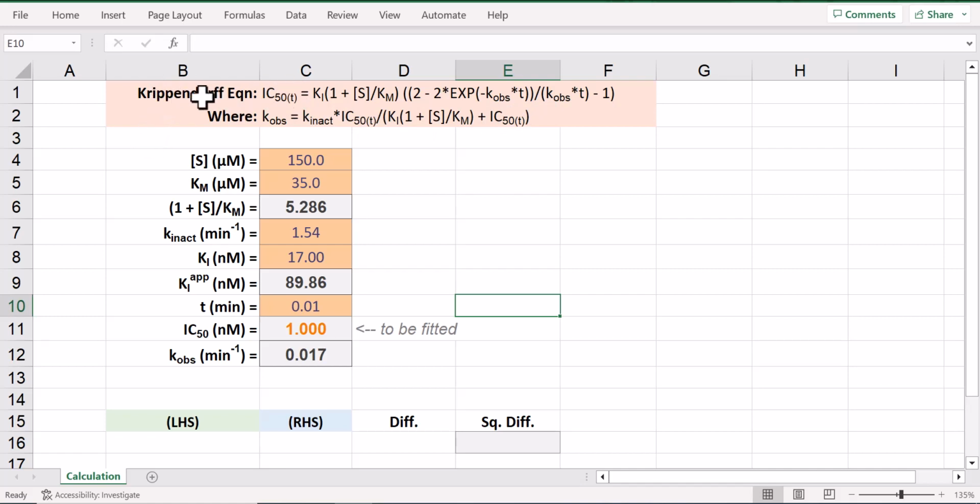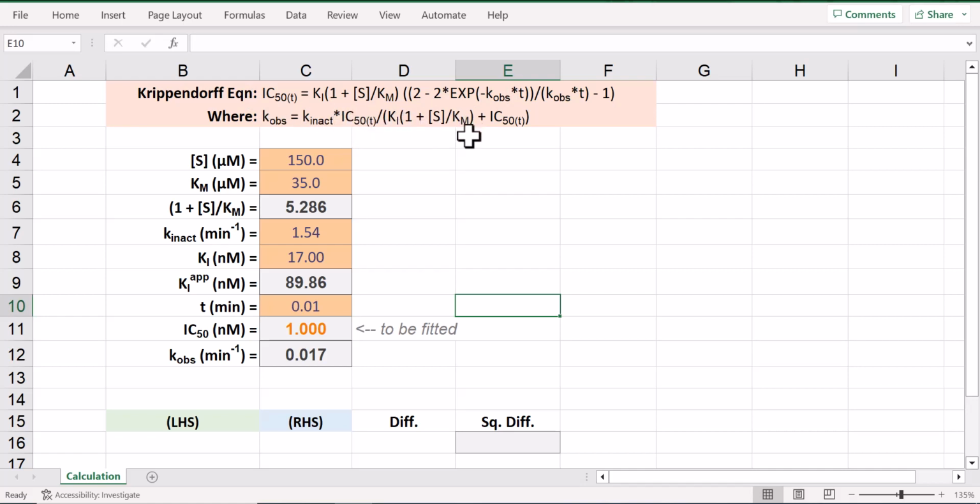So the Krippendorff equation relates the time-dependent IC50 value to the Ki of the inhibitor, its Kinact value, and the time of the measurement. But you will note this is not an explicit equation, it's an implicit equation because IC50 appears on the left-hand side of the equation and on the right-hand side of the equation in the K-obs term.